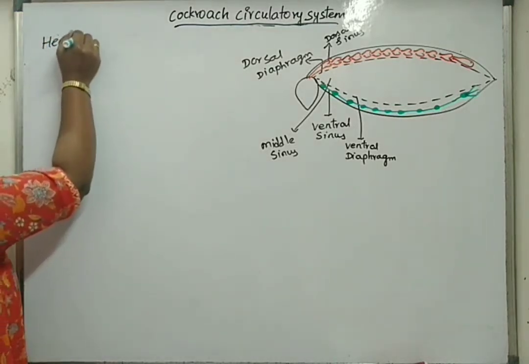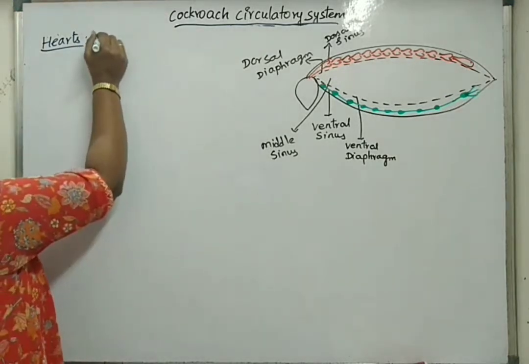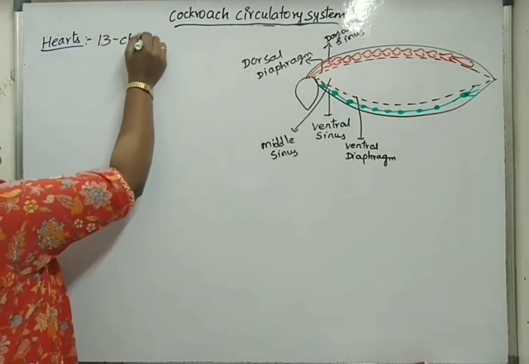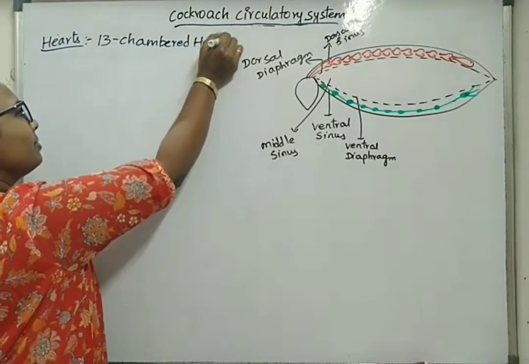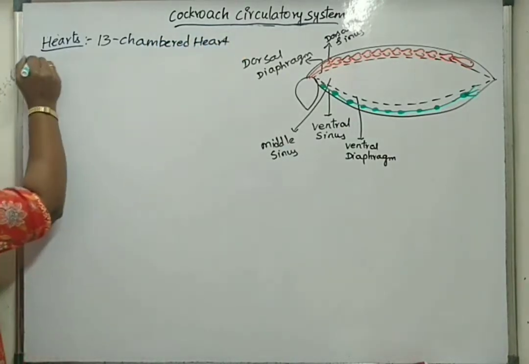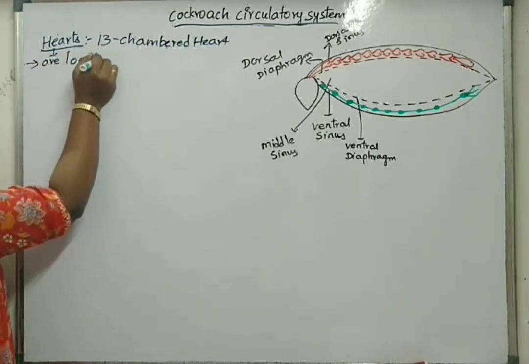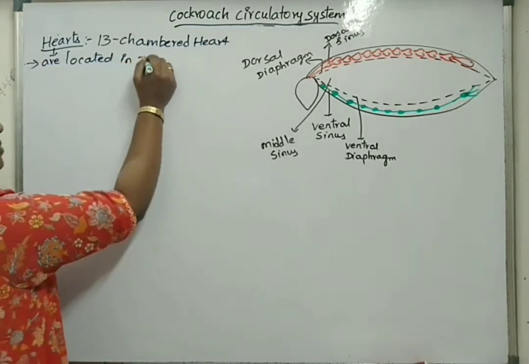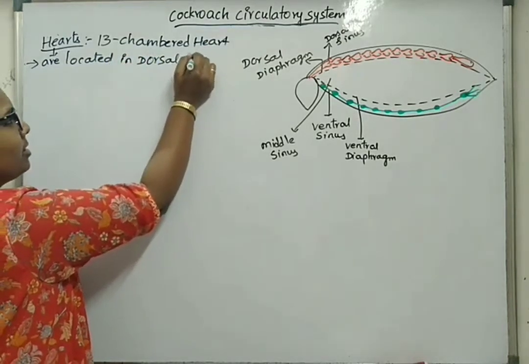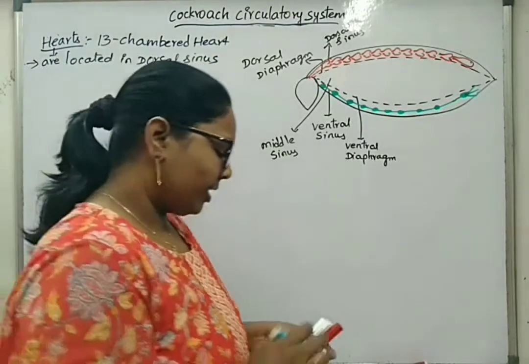Next, coming to the hearts of the cockroach. So here it is a 13 chambered heart. Hearts are located in the dorsal sinus, which is also called pericardial hemocoel.